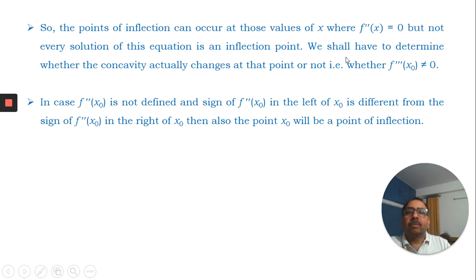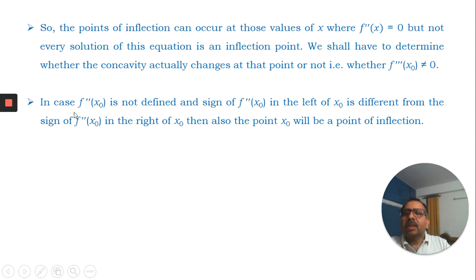To check whether the possible point is a point of inflection or not, we must see whether the double derivative changes sign from positive to negative or negative to positive in a small neighborhood of the point x, that is, whether the triple derivative is not zero.